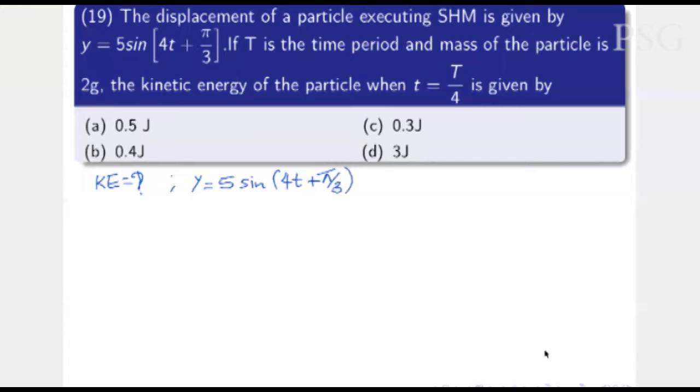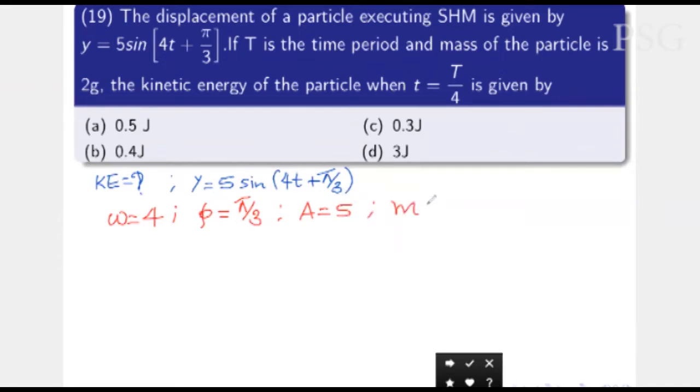So comparing this with the standard equation, we can note down the values of omega, which is 4, the phase constant, which is pi by 3, the amplitude, which is 5, and the mass is given. The mass of the body is 2 grams.